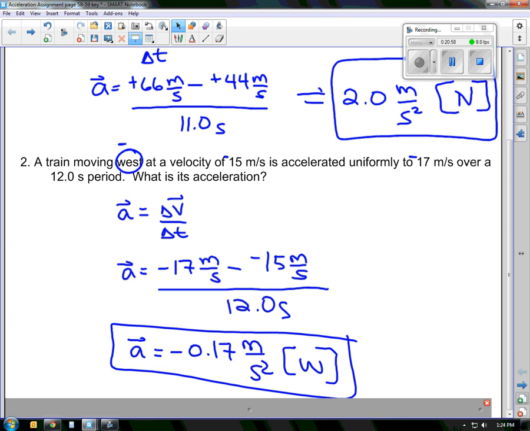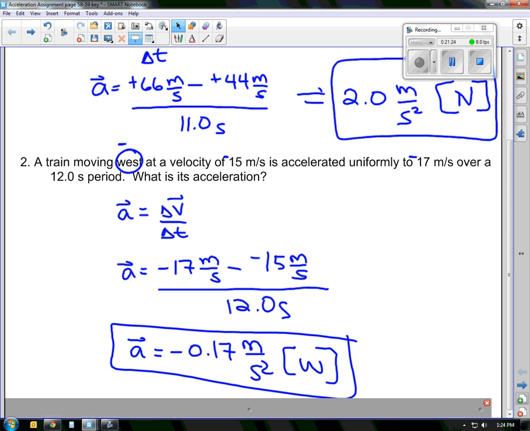Yeah, so it's negative direction, speeding up in a negative direction. So we'll have negative acceleration there. So we have velocity final is negative 17 meters a second because that's a westbound direction, minus velocity initial, which is minus 15 meters per second divided by 12 seconds. Answer 0.17 meters per second squared west.